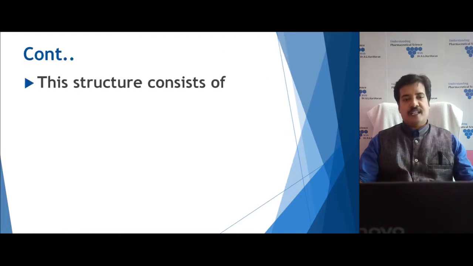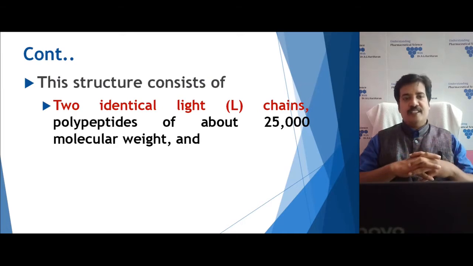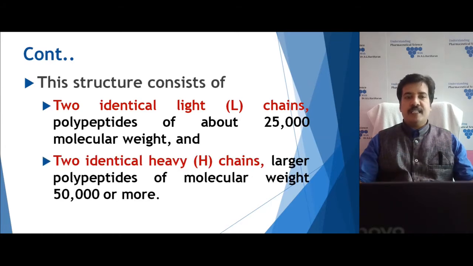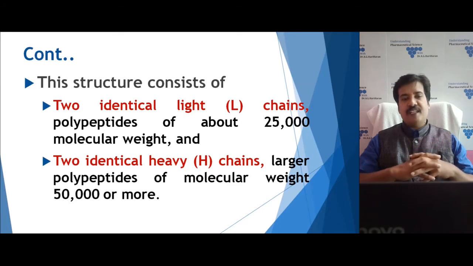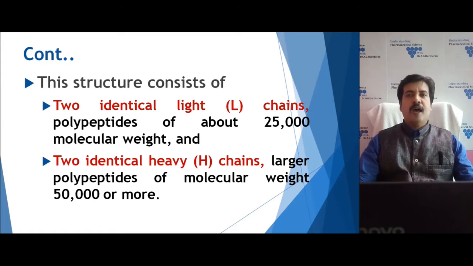The 2 light chains are identical in nature, generally having a molecular weight of about 25,000 daltons, whereas the two identical heavy chains are larger polypeptides with a molecular weight of around 50,000 daltons or more. And how are these four chains held together?